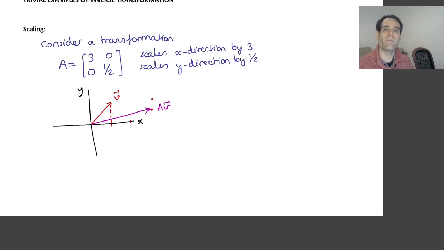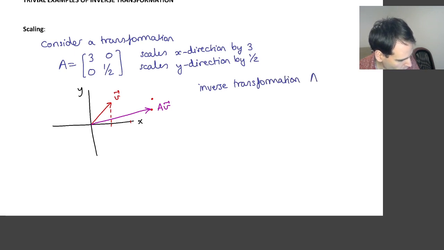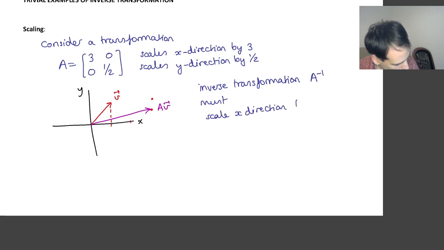So what would the inverse transformation do? The inverse transformation would be a transformation which squishes or scales the x direction by 1/3 to compensate for the stretch, and then it scales the y direction by 2 to compensate for the 1/2. Yeah. Therefore, the inverse transformation, which will be a matrix A to the minus 1, must scale the x direction by 1/3 and scale the y direction by 2.